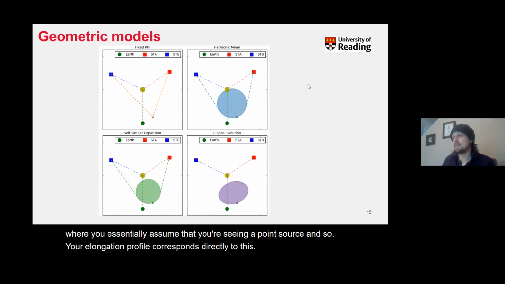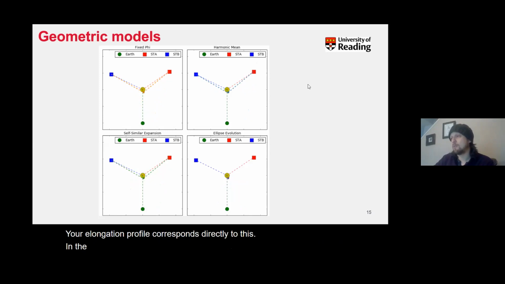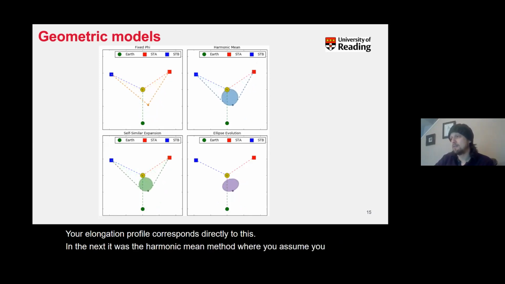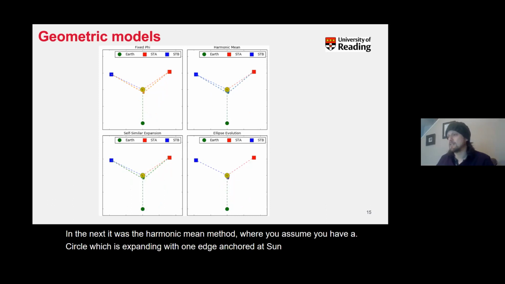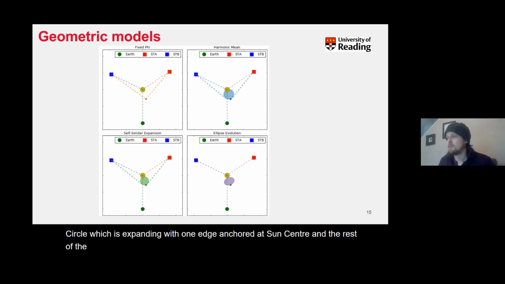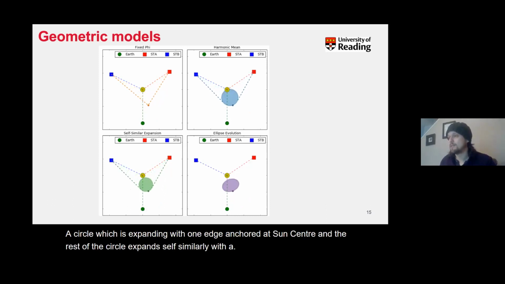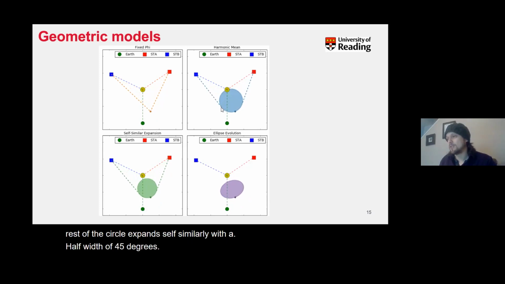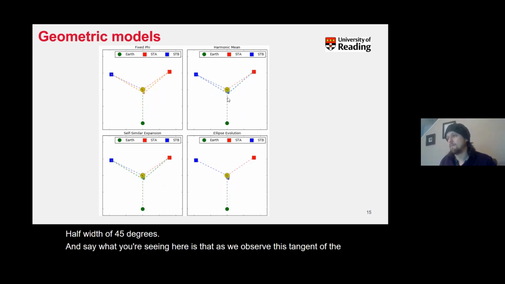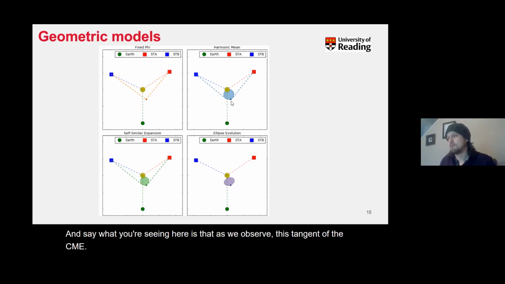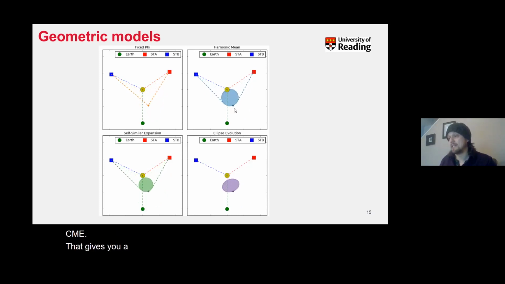Next was the harmonic mean method, where you assume you have a circle which is expanding with one edge anchored at sun center, and the rest of the circle expands self-similarly with a half width of 45 degrees. What you're seeing here is that as we observe this tangent of the CME, that gives you a relation to the actual apex of the CME.